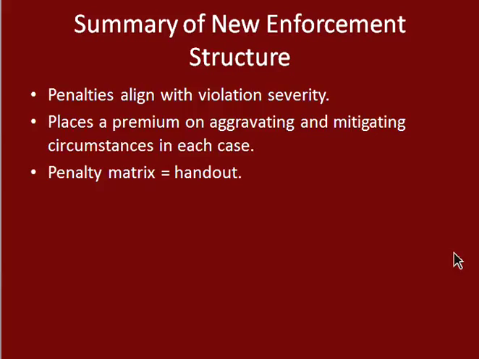And we have, in the appendix to the webinar handout, the penalty matrix, which will be used by the hearing panels in Level 1 and Level 2 cases to determine what ranges of penalties can be imposed in a certain case. As you look at the penalty matrix, the most serious Level 1 cases, which are going to be called Level 1 aggravated cases, meaning those cases have aggravating factors in them, are going to be eligible for the most serious ranges of penalties on that penalty matrix chart.